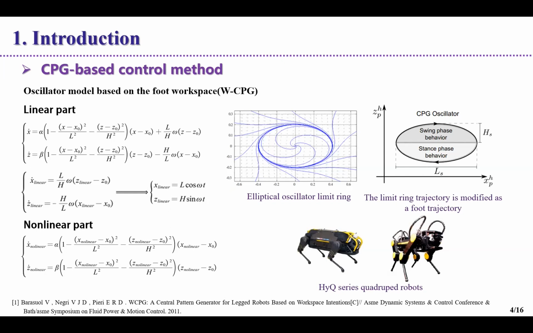This method has a good application on the robot SYQ, but it still has a defect that the oscillator has only two outputs, which is not convenient for the robot's omnidirectional motion planning.